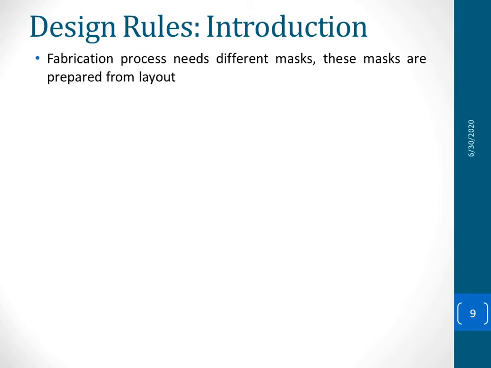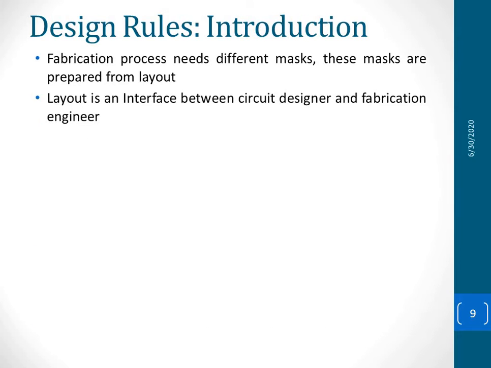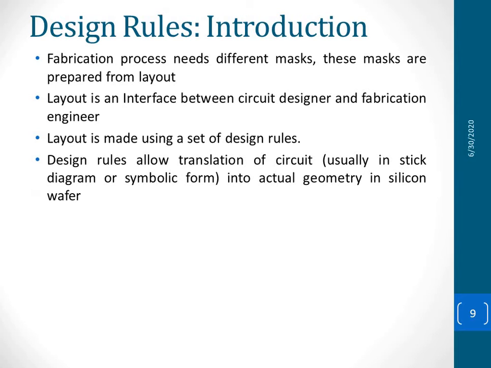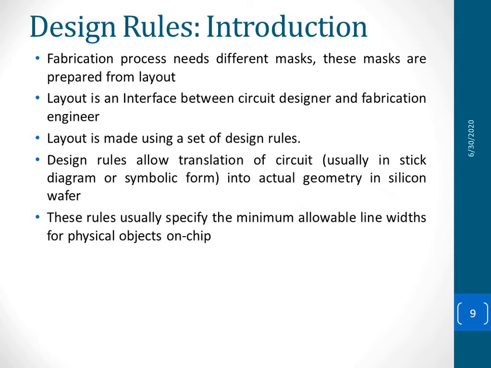Fabrication process needs different masks. These masks are prepared from layout. Layout is an interface between the circuit designer and the fabrication engineer. Layout is made using a set of design rules. Design rules allow translation of a circuit, usually in stick diagram or symbolic form, into actual geometry in the silicon wafer.